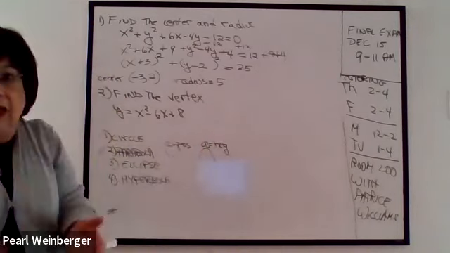But again, you're going to have an x squared over a number, a y squared over a number, and it has to equal 1. Sometimes the x squared term is going to be the positive one. Sometimes the y squared term is going to be the positive one. So what we're going to do is divide everything here by 100 to get it equal to 1.